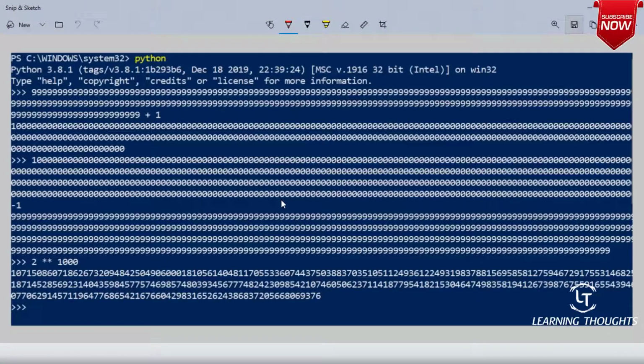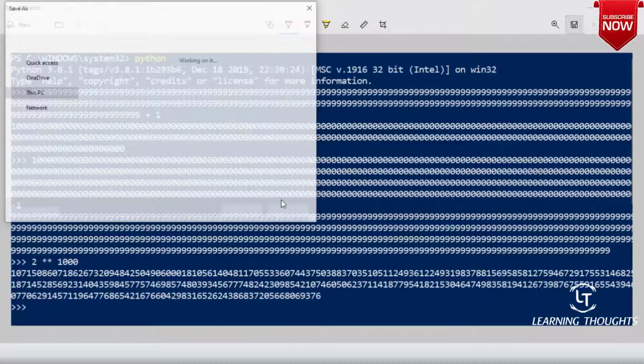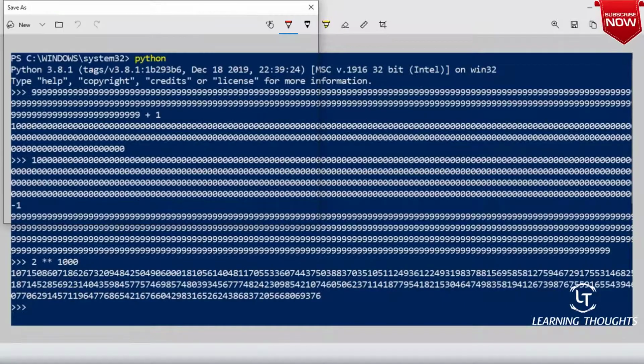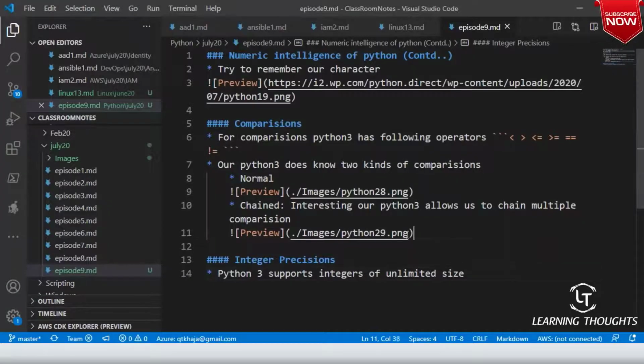Right. So let me save this. Things get interesting as we proceed. Now let me try to show you. I am not getting into bitwise operations and all of that stuff, which we will deal with when the time comes.